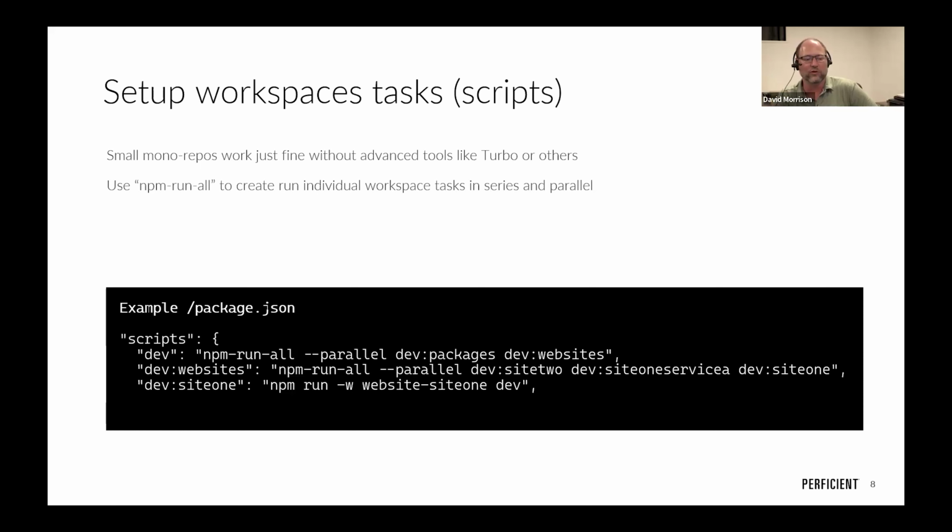The root is really designed to do that for you. I mentioned the root really only needs one dependency, and we'll use it quite heavily, and that's npm run all. npm run all provides the ability to run tasks from different packages in series and parallel.